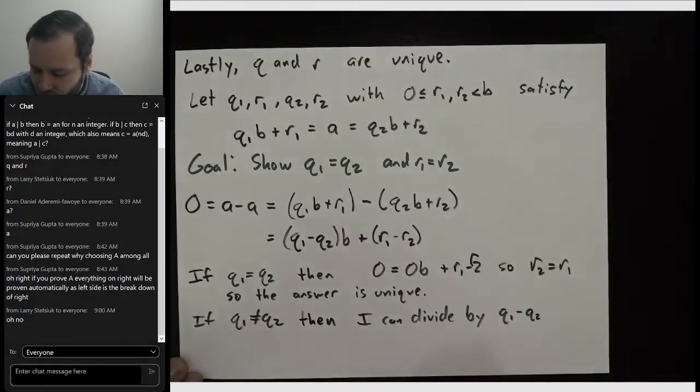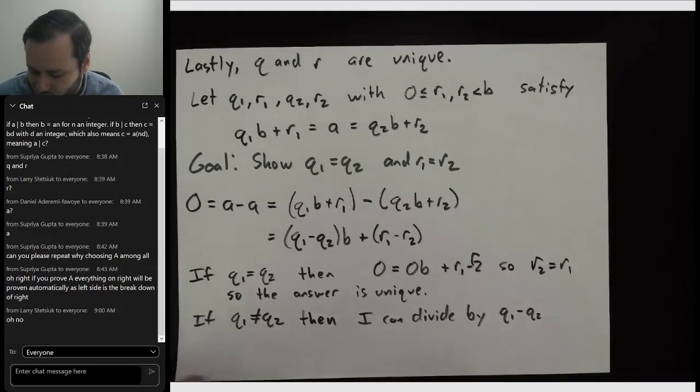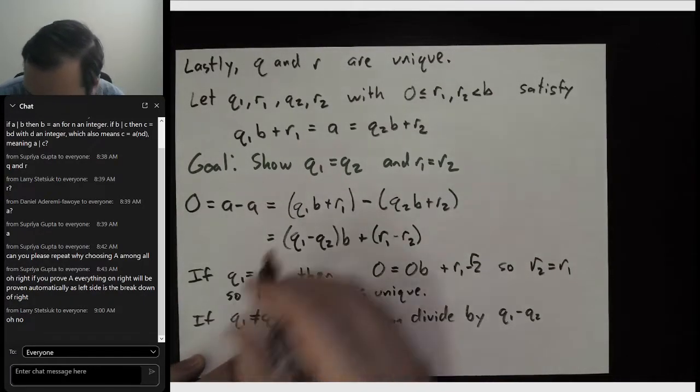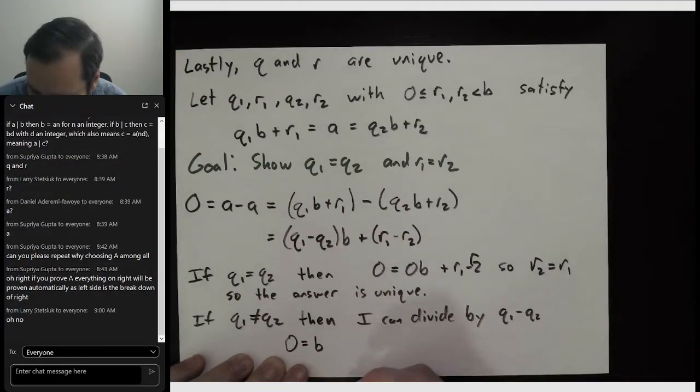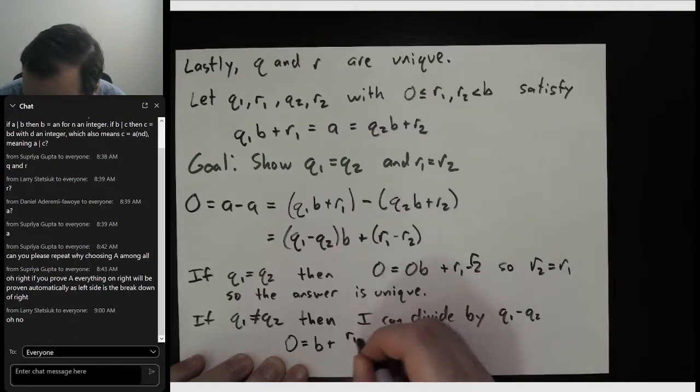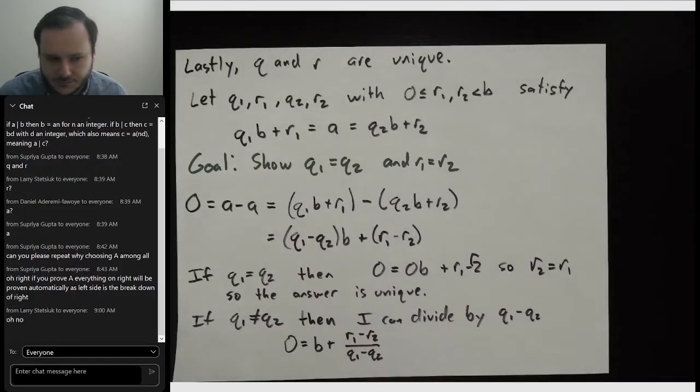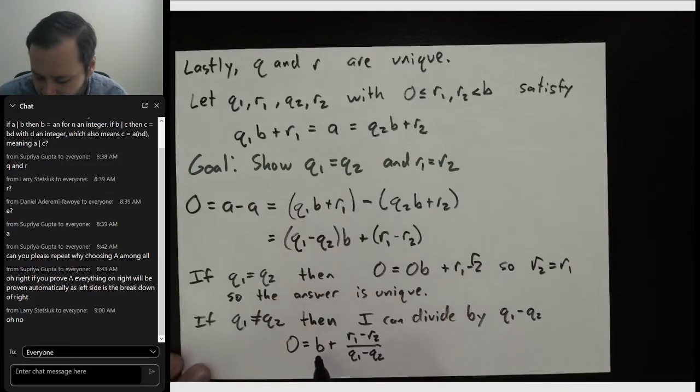And if I divide both sides by Q1 minus Q2, I get 0 divided by Q1 minus Q2 is still 0, is equal to B plus R1 minus R2 divided by Q1 minus Q2. And here I have a problem. My problem is that B is supposed to be an integer.